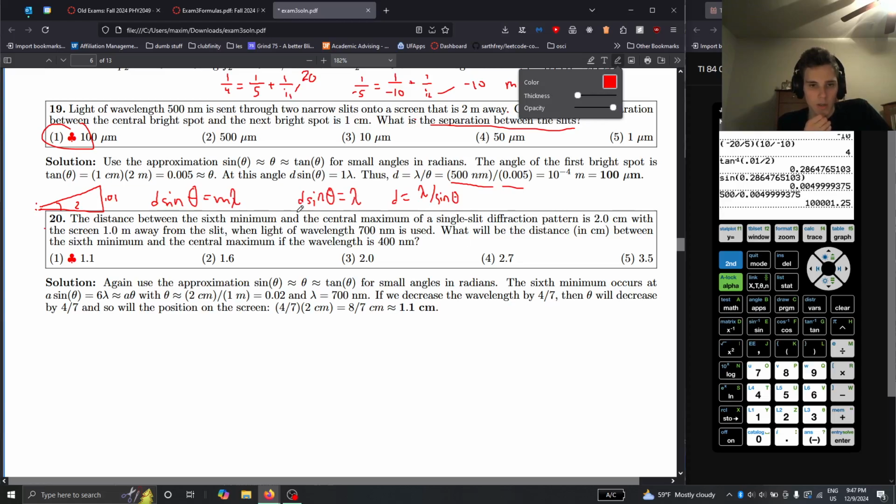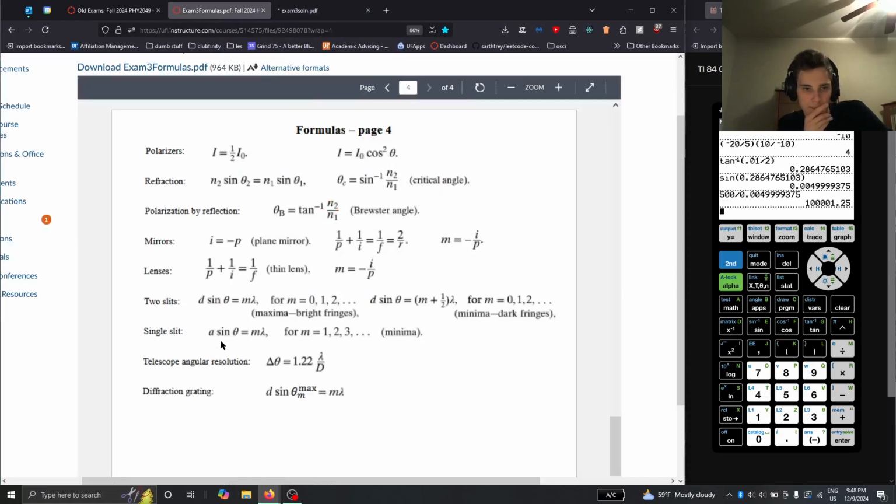Okay, so we have a single slit diffraction. So we have the 6th minimum and the central maximum, with the screen going away. Given the wavelength, what's the distance between the 6th minimum and the central maximum? Okay, let's do this.